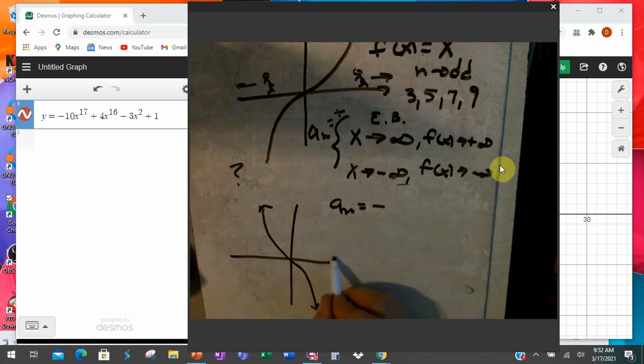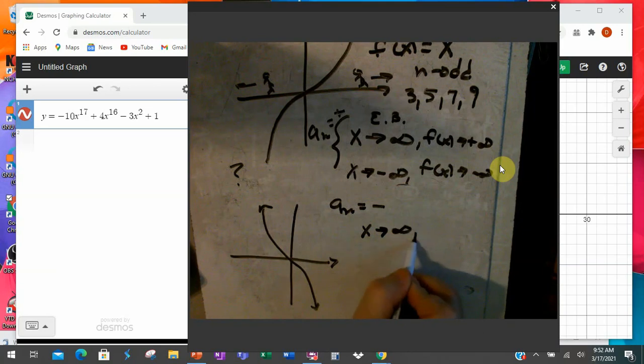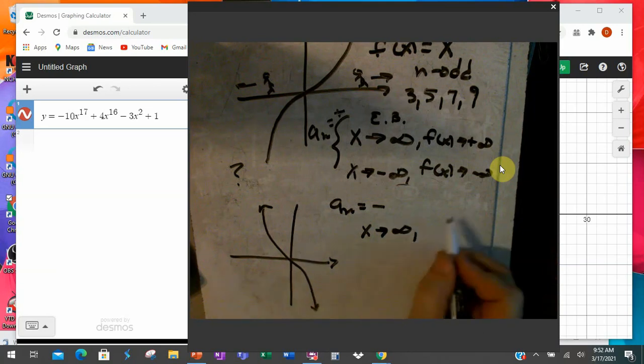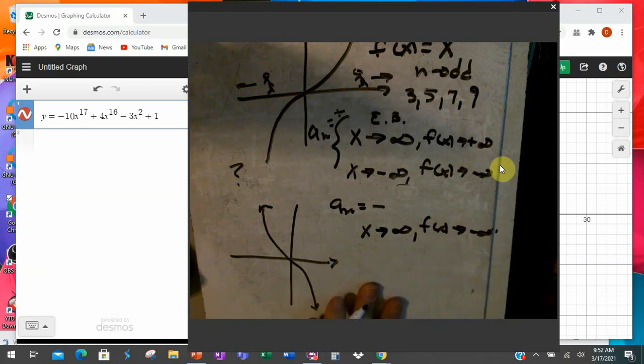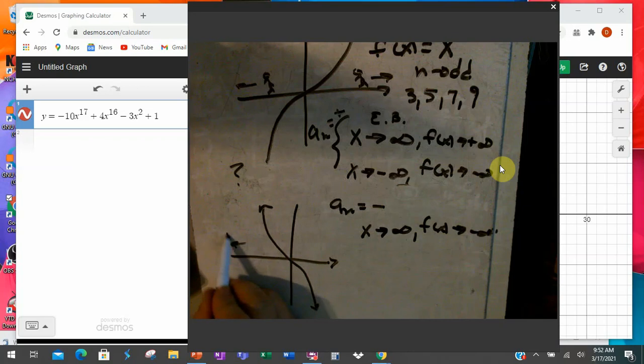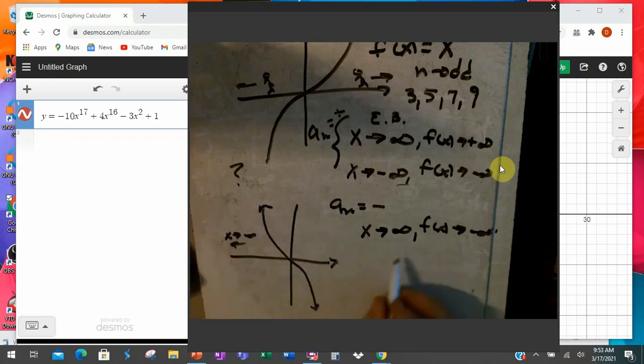So here I'm going to write my end behavior as we're going this way now. Now the guy is looking down. F of x is going to negative infinity. Okay. And then as we go this way, as far as we're going this way, this thing is getting bigger.